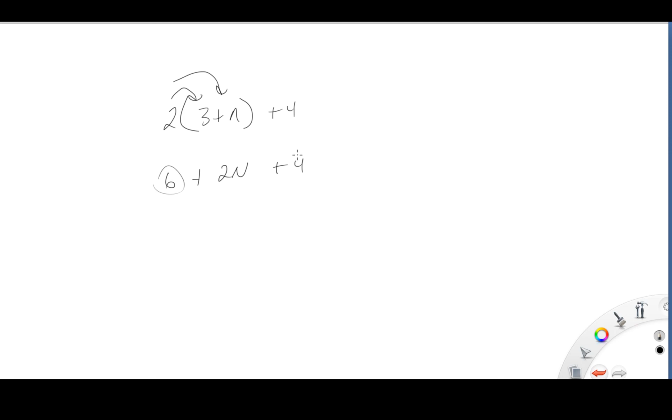We can combine the 6 and the 4 because they're the same thing. So 2n plus 10. Can we do anything with this n? No, because there's no equal sign in this whole equation. So the answer is 2n plus 10. That's all we can do as far as this is concerned. Okay, so we have solved the problem.